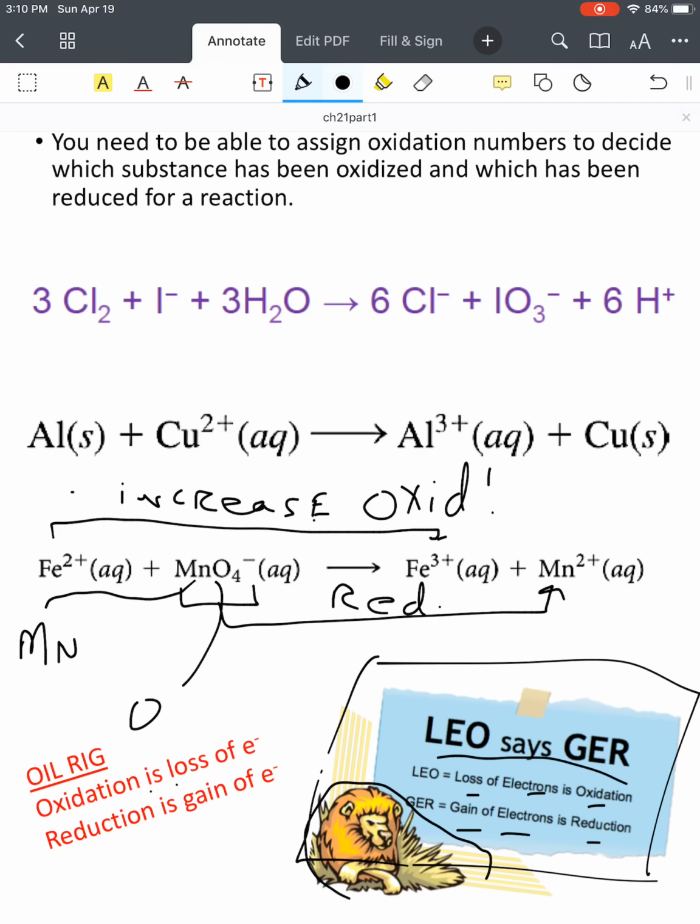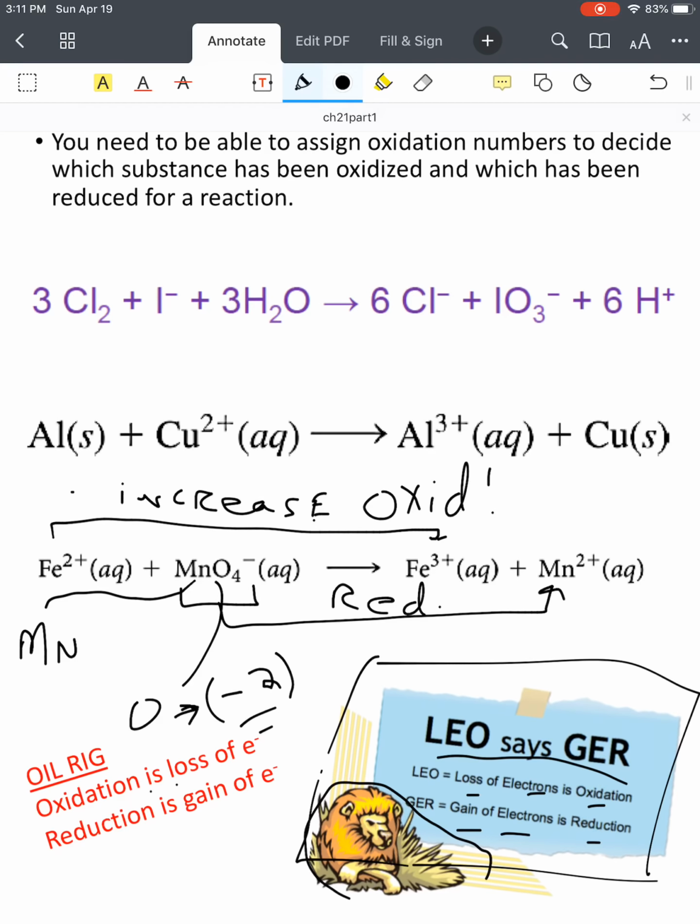But we do have a rule for oxygen. In its compounds, usually oxygen has a -2 oxidation number. Now, there are some exceptions to that, like in hydrogen peroxide, we just talked about that. But this is actually not one of those exceptions. So each oxygen atom in permanganate has a -2 oxidation number.